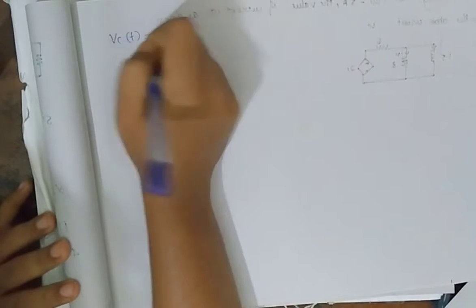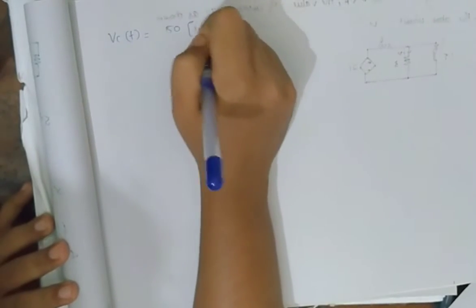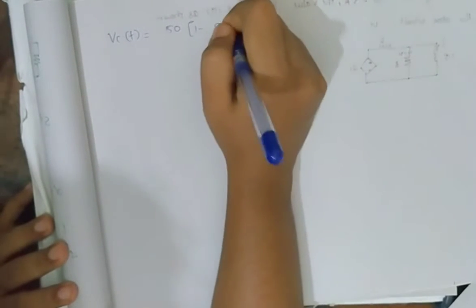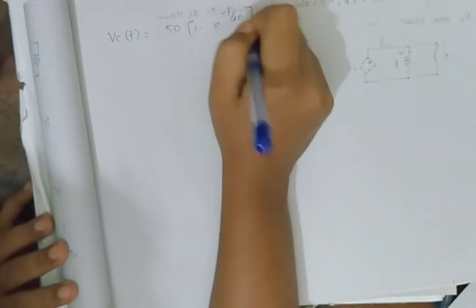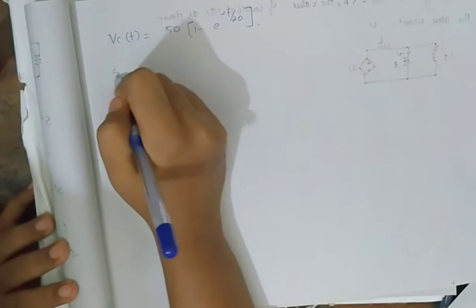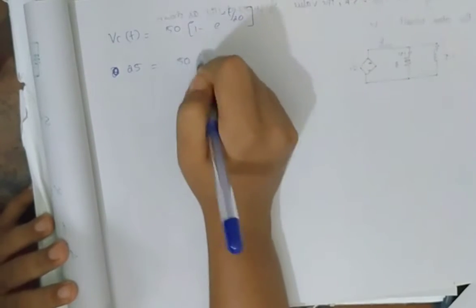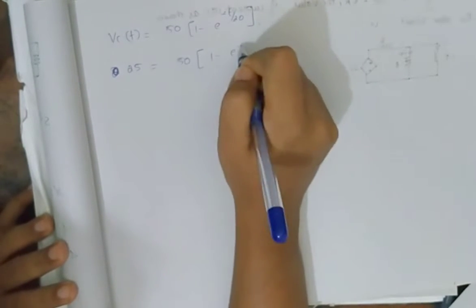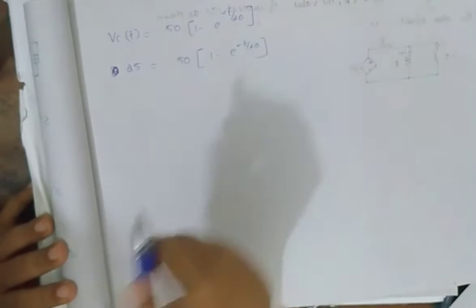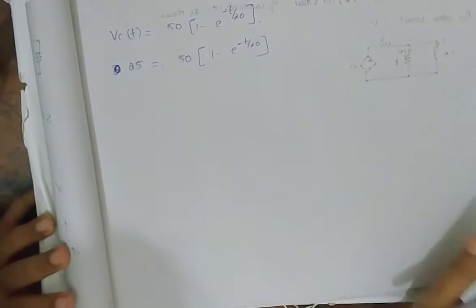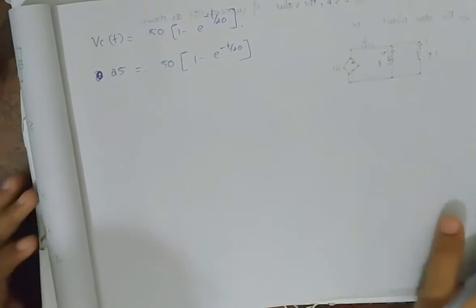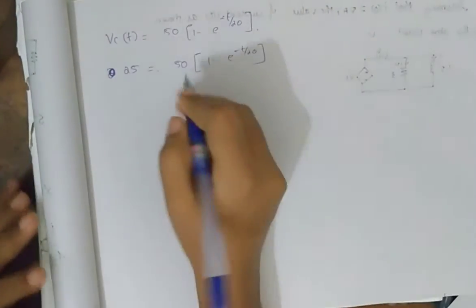That is, Vc of t is equal to 50 into 1 minus e raised to minus t divided by 20, and at 25, that is half of it, equal to 50 into 1 minus e raised to minus t divided by 20. Now we have to find out at what time this happens.